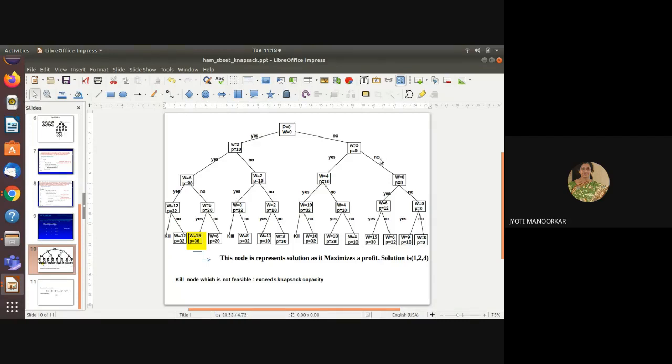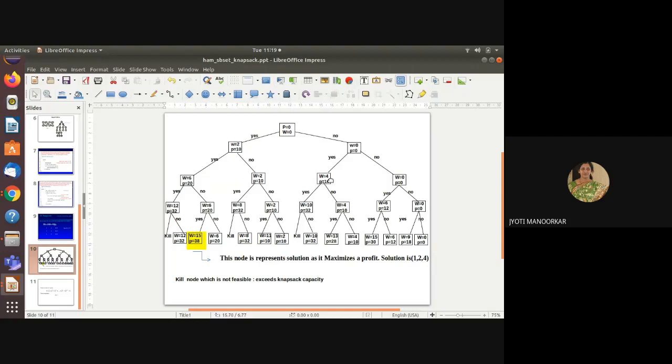Okay, then come to this portion at this internal node. How are we going to create this internal node? We have to create two branches for this internal child where W is equal to 0 and P is equal to 0. We are dealing with the second level, so the combination of the first two elements. At this internal node we have not included the first element, so the weight is 0 and P is 0.